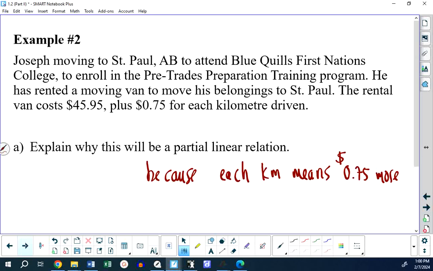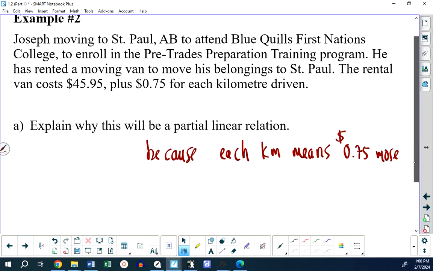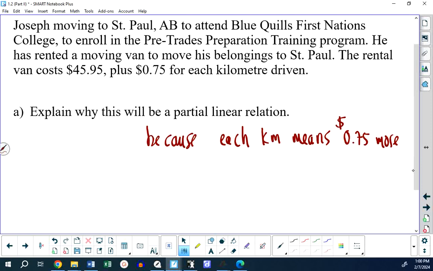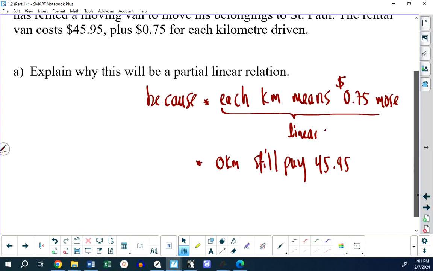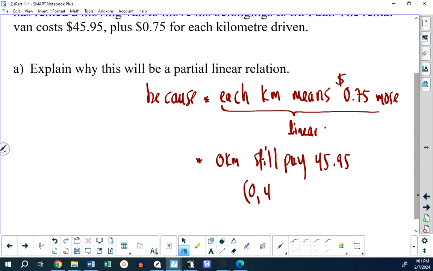That part is what makes it linear. However, 0 kilometers, you still pay $45.95. What does that mean? It means it doesn't go through the origin.